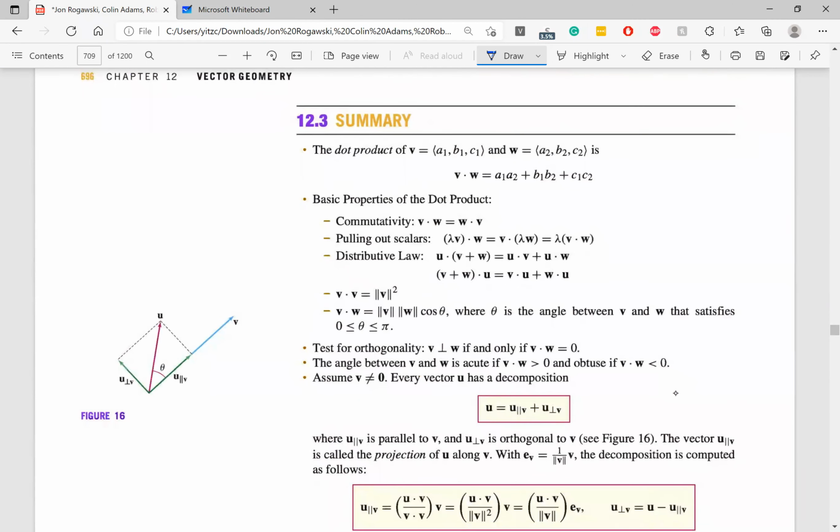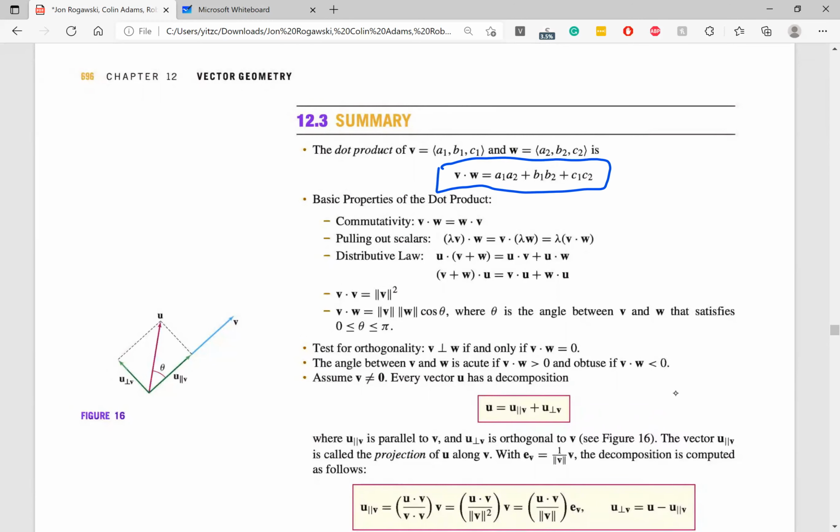So let's try to summarize what we did. We have the dot product is multiplying each component of our two vectors and adding them. We saw some of the rules about the dot product, but like I said, these rules are very intuitive by what the dot product just is. So you shouldn't memorize them. If you need them, you can always recover them.